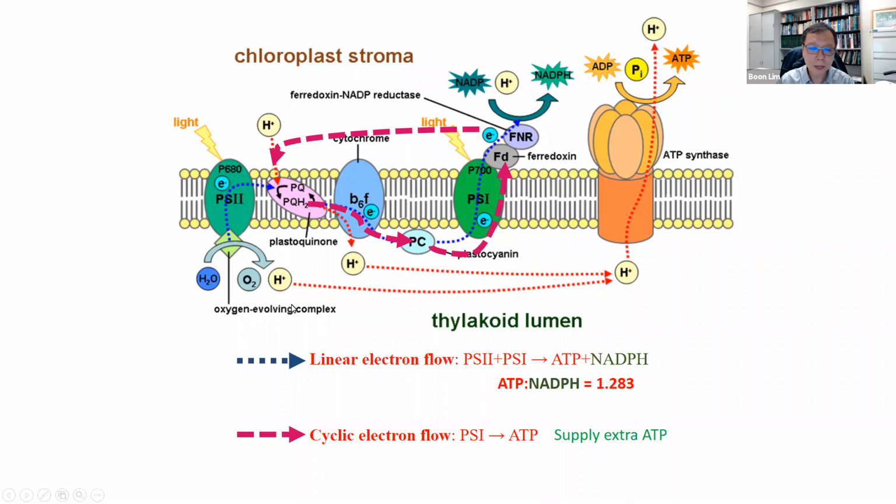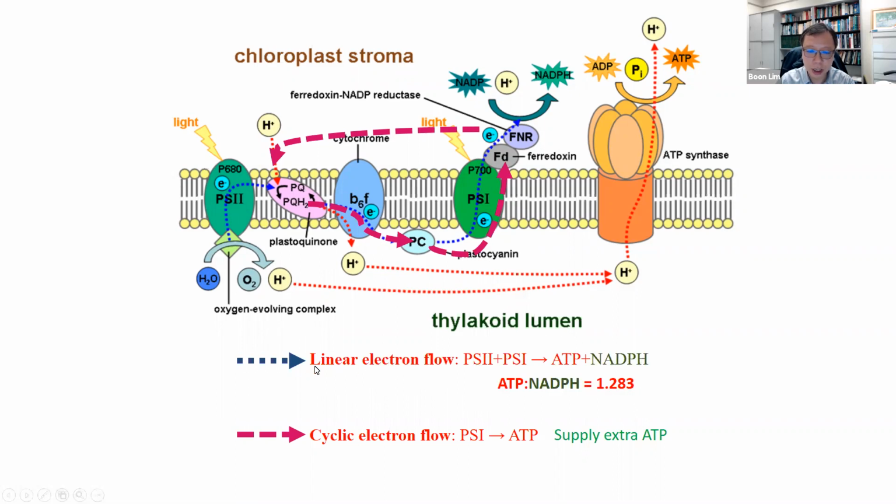And so this linear electron flow that involves both photosystem 2 and photosystem 1 can generate both ATP and NADPH. It has been calculated that the ATP to NADPH ratio generated by the linear electron flow is 1.283.